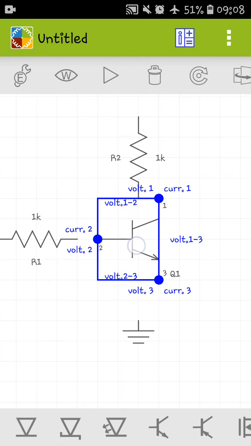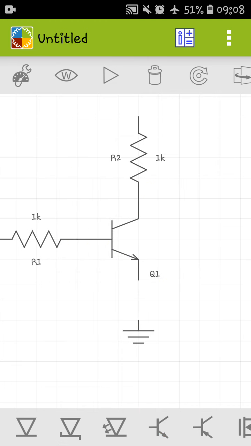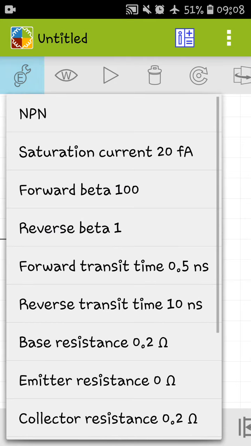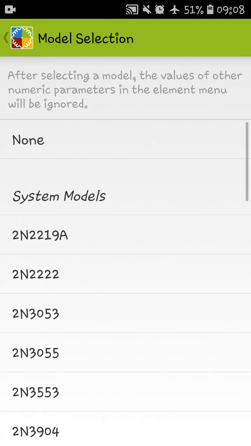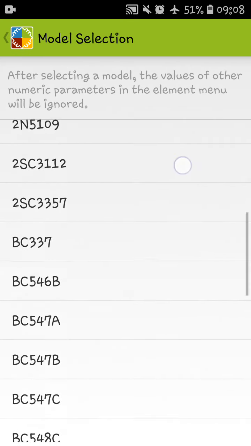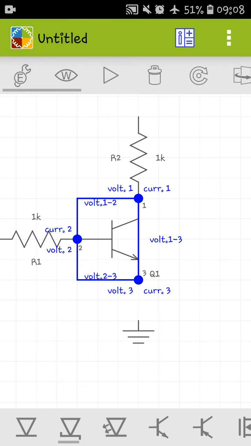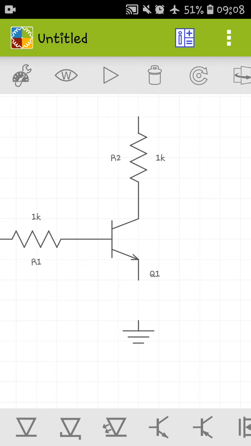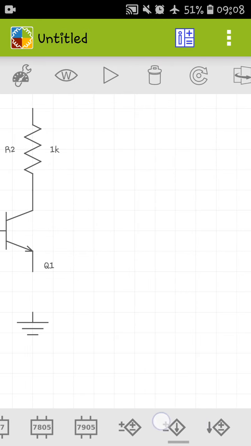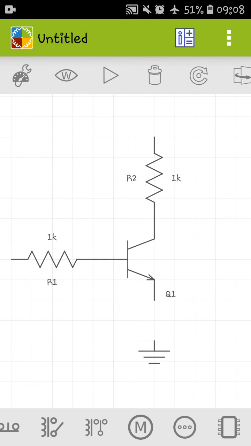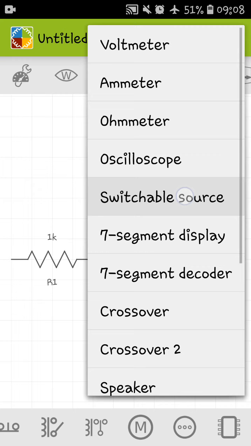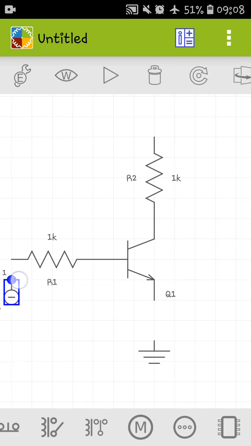This is the BC547 transistor, so we put BC547 here. We also need the source voltage. Here we take the switchable source which can switch between 1 and 0, and here we give 1.